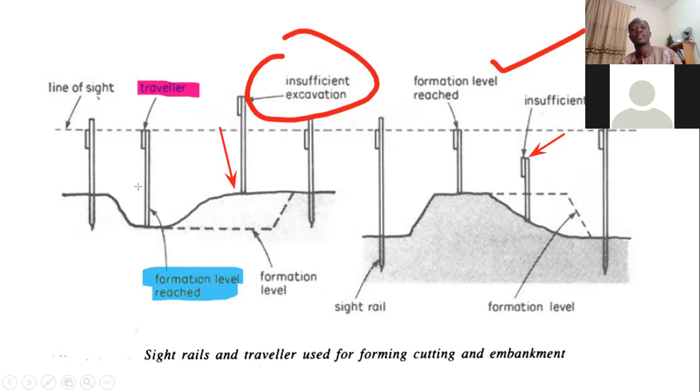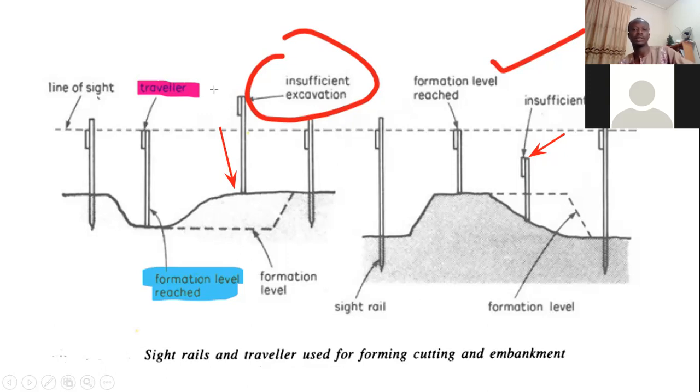Now, which one of them is a side rail? Which one of them is a traveler? How do you know in this diagram which one is a traveler, which one is a side rail? I know you will not mind me, so answer it yourself. If you watch this video and you don't understand this question I'm asking you, you can test me.